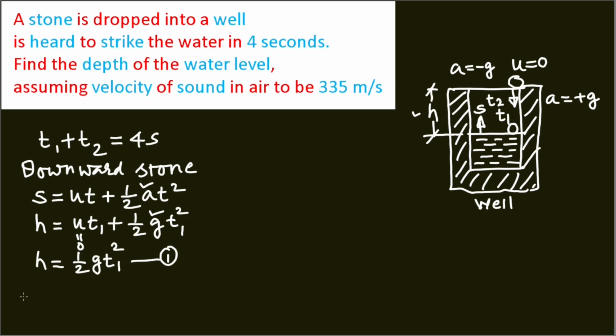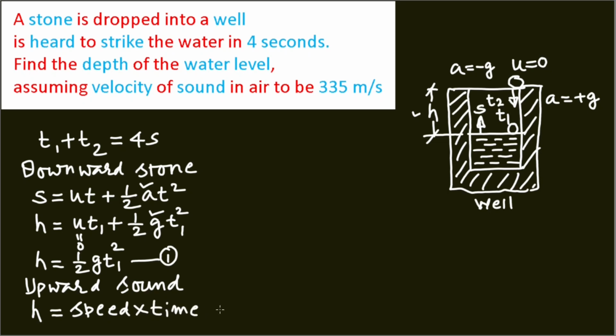Now we will consider the upward motion of the sound. We know distance is equal to speed multiplied by time. Speed of sound is 335 meter per second multiplied by the time required for sound is t2.